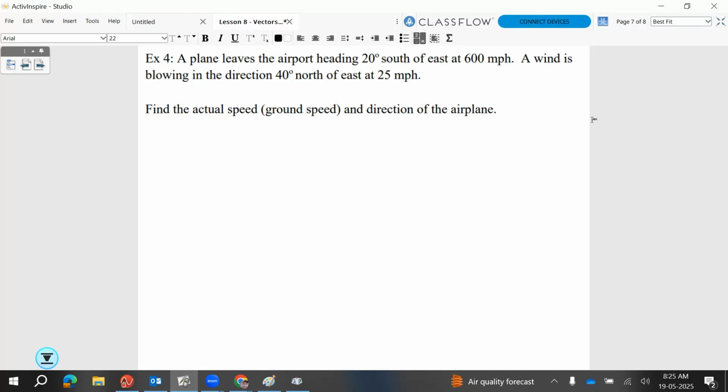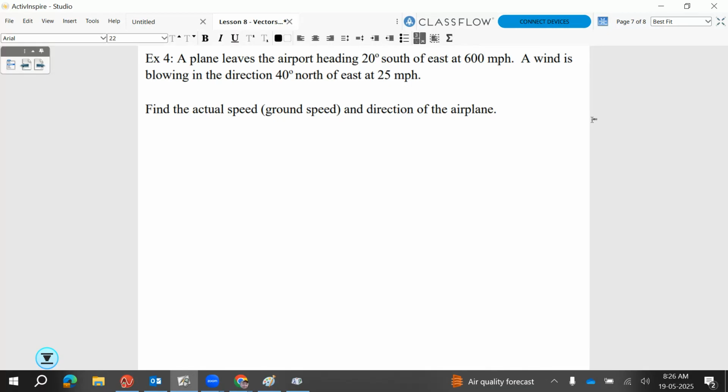I think it was 25 miles per hour, and we were at an angle of 40 degrees. So there is the problem. What's going to happen is this wind is going to blow the plane out of direction slightly, but it's also going to speed it up a little bit because it's a little bit of a tailwind effect.